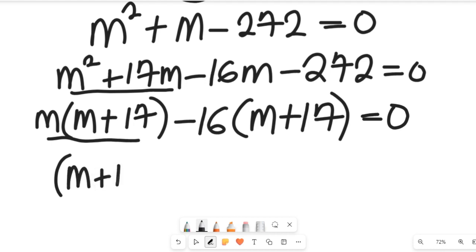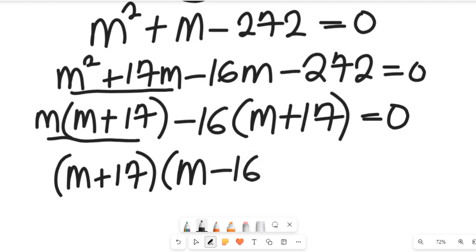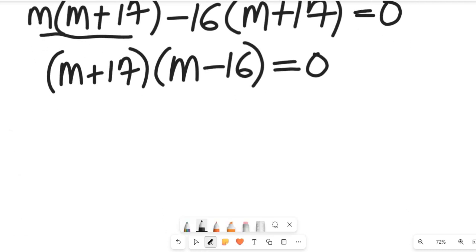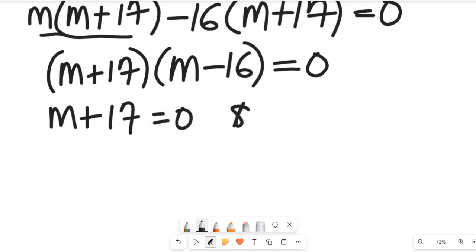Great. So we have a common term: m plus 17 is common, right? We'll bring it out, and then we'll have m minus 16. So we have m plus 17 equal to 0 and m minus 16 equal to 0.